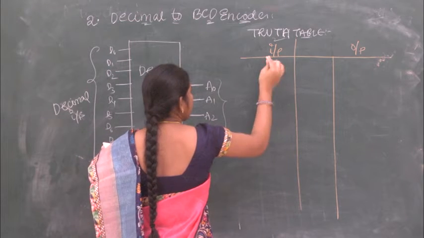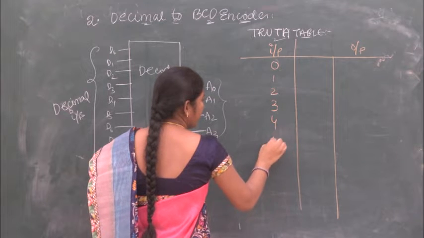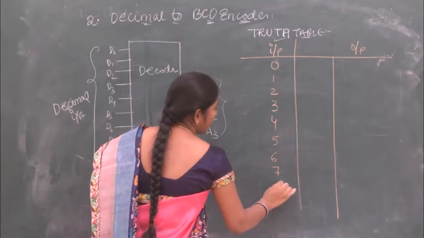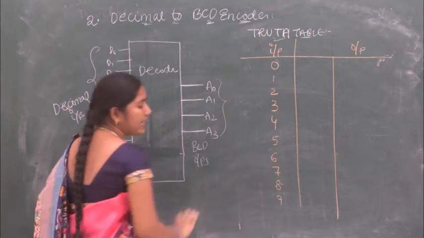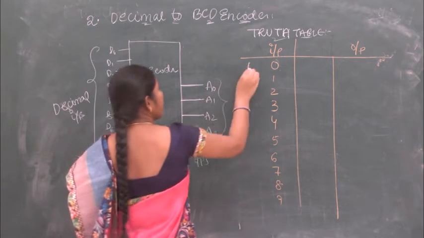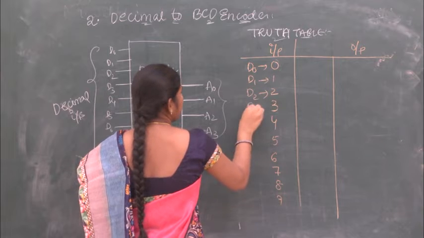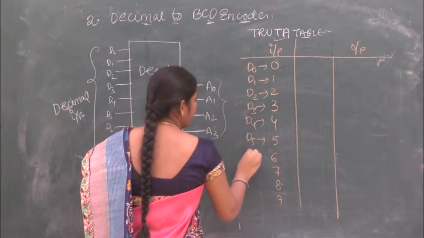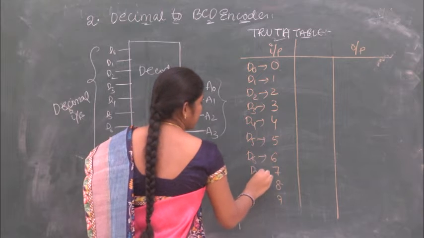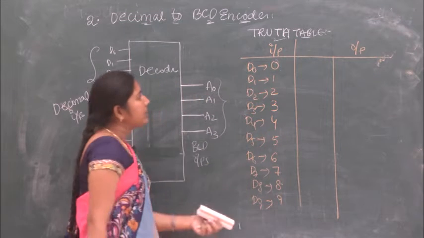So decimal numbers are always 0, 1, 2, 3, 4, 5, 6, 7, 8, 9, right? 10 decimal numbers. I will consider them as D0, D1, D2, D3, D4, D5, D6, D7, D8, D9. 10 inputs.